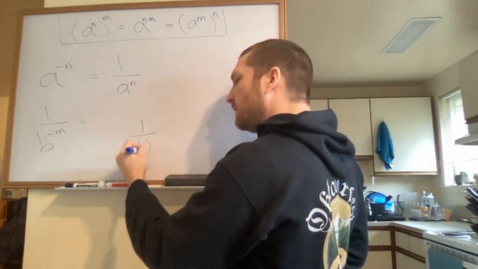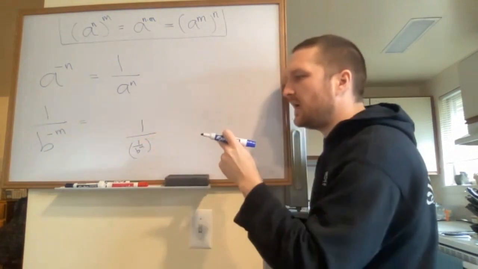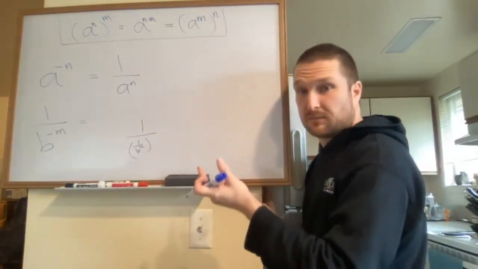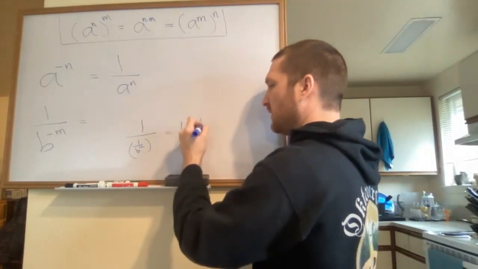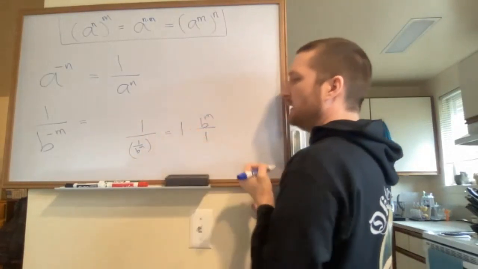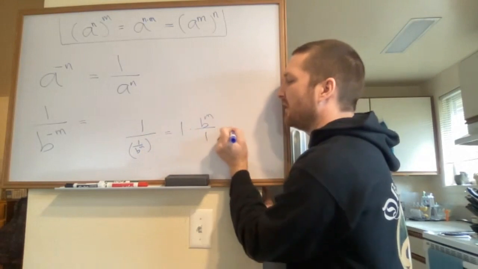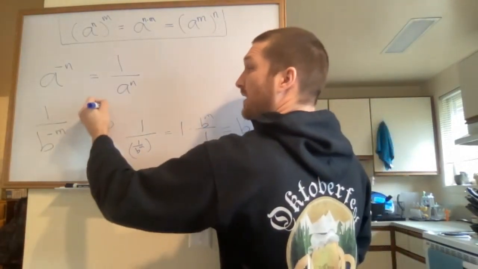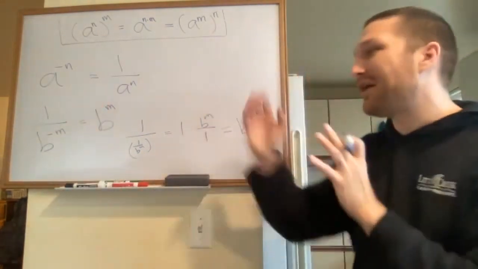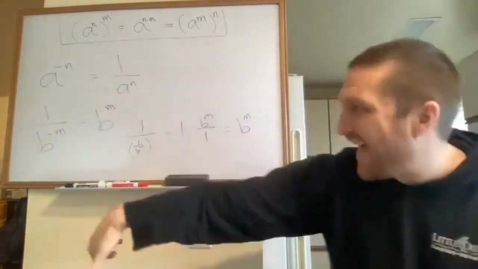1 over 1 over b to the m. But dividing by a fraction means multiply by the reciprocal, right? And so b to the m over 1. And so to simplify everything, we just end up with b to the m. So you're absolutely right that it's 1 over that.